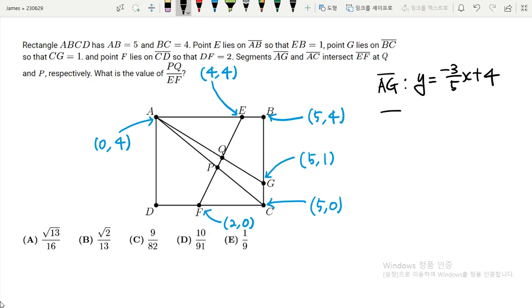And segment AC, the slope is minus 4 over 5. And for segment EF, FE, the slope is 2.